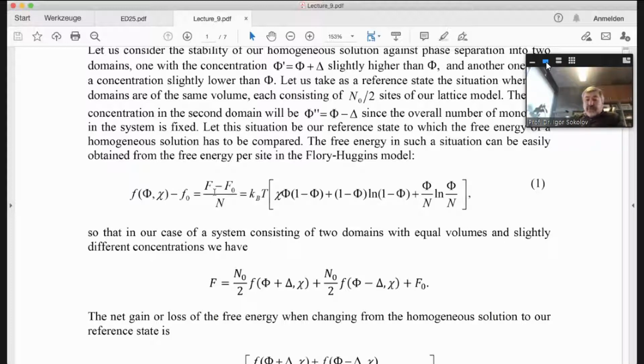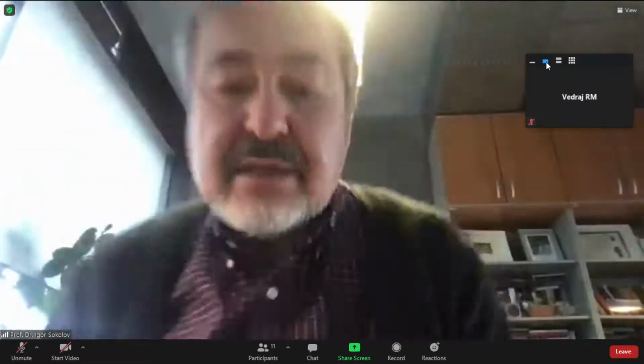If you have two phases, you have two such functions phi. Now, the first question I put will be under what conditions the system will inevitably phase separate, which means under what condition a whatever two-phase situation is better than a homogeneous solution.